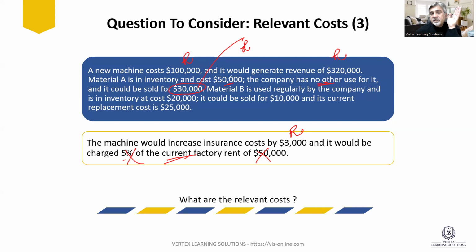This is not relevant. If I purchase this machinery and I say, okay, I'm using this material, it means that 30,000, which otherwise I could have generated by selling this material to someone outside, I am not getting. I'm not selling it, I'm using it. So I'm actually foregoing 30,000. This is opportunity cost and that should be added.